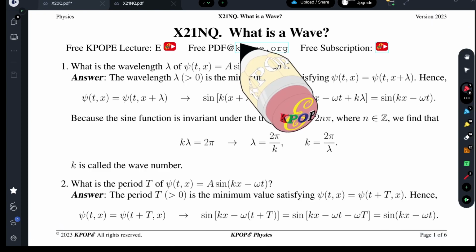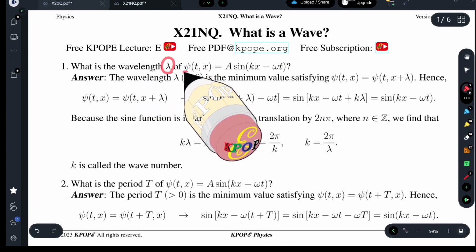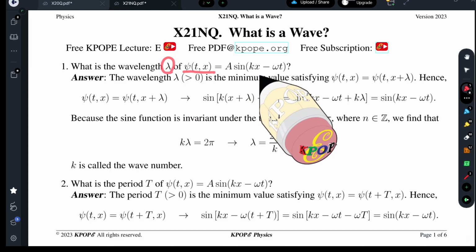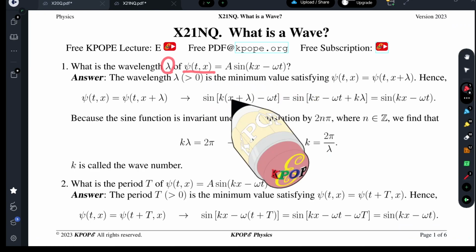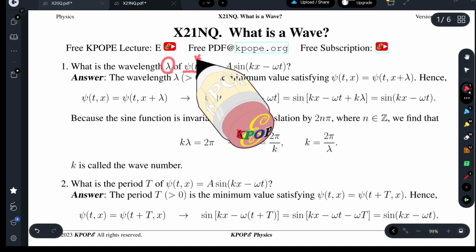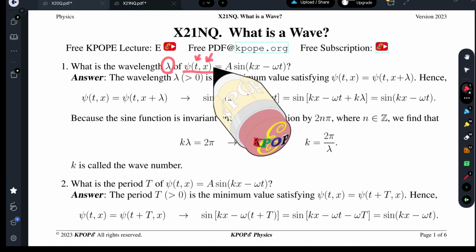X21NQ, what is a wave? What is the wavelength lambda of psi(t, x) = A sin(kx - omega t)? A wave is a function of time and spatial position.